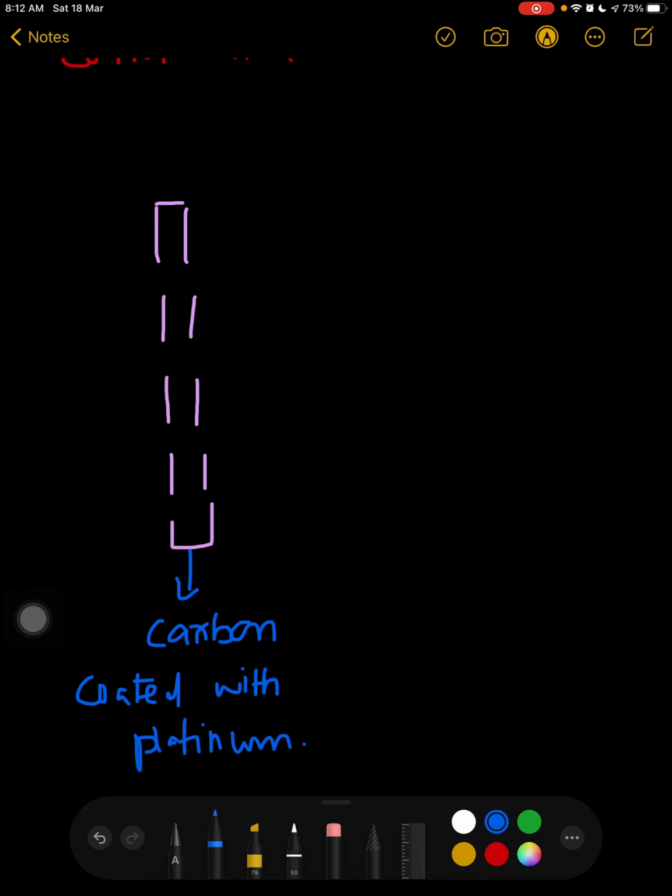Here platinum acts as a catalyst, plus the coating as well. We have another electrode which is also porous, with some holes in it, and it is also made up of carbon coated with platinum.